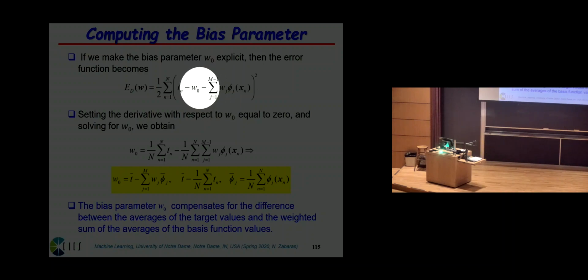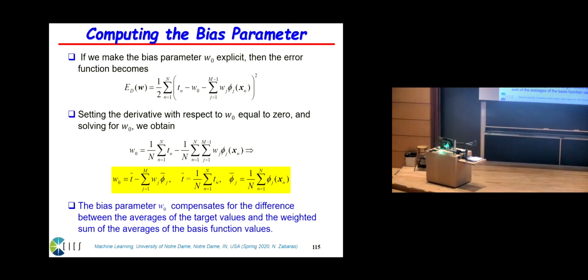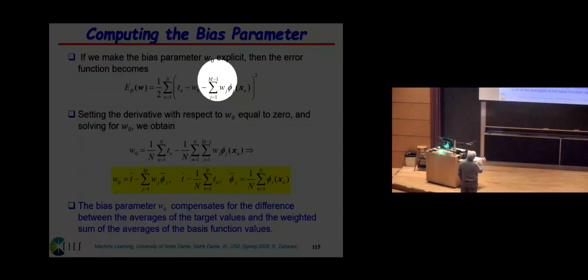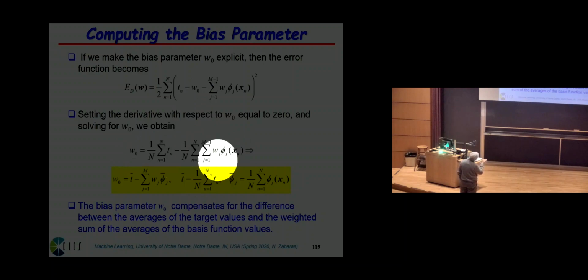I'm going to minimize this by taking derivatives with respect to W0 and Wj. Usually, that's how the least squares problem comes, right? That's what we did in the earlier lectures. But right now, what I'm going to do is split W0 from all the other Ws. I'm going to take derivatives with respect to W0, set them equal to 0, and so on.